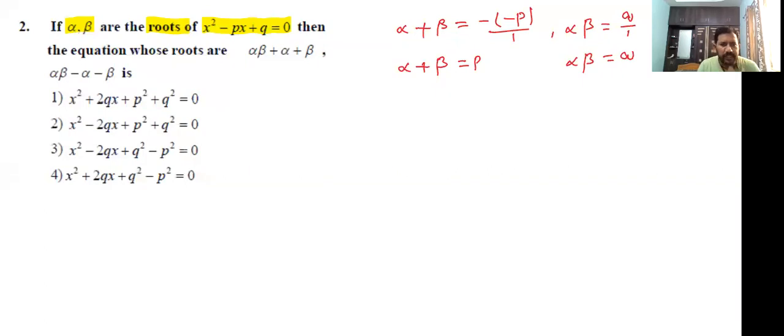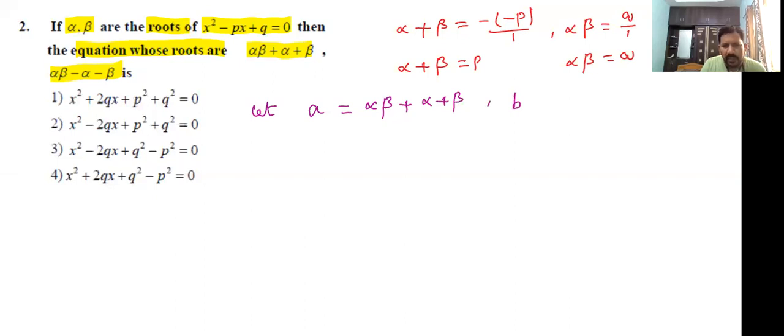See the next condition. The equation whose roots are the new roots given, and find the new quadratic equation. Okay, now here I am taking new roots. Let one root be a, that is equal to alpha beta plus alpha plus beta.